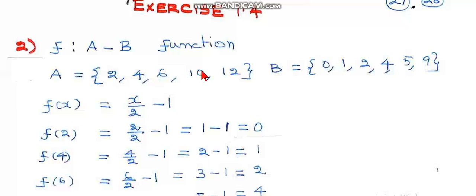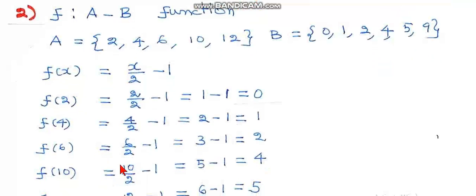So from the set A, you substitute x equal to 2: 2 by 2 minus 1. So f of 2 equal to 0. Put x equal to 4, f of 4 equal to 4 by 2 minus 1, that is 2 minus 1, that is 1. F of 6, that is 6 by 2 minus 1, that is 3 minus 1, that is equal to 2.